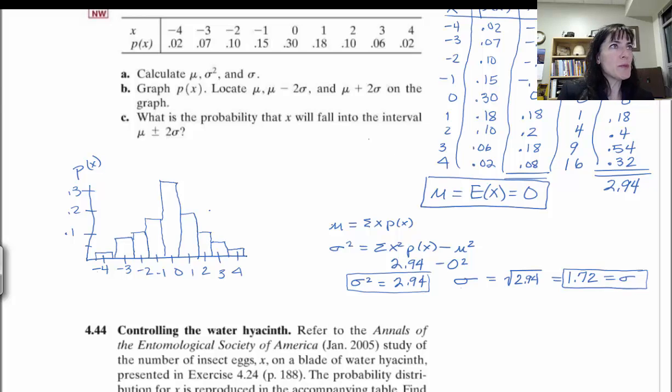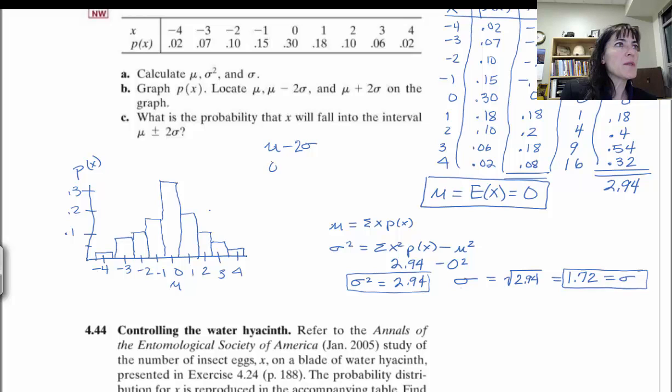I also am supposed to find mu, which, remember, was our expected value, and that was 0, so that's going to be my mu right there, so I'll just mark below it. And then I want mu plus or minus 2 sigma.